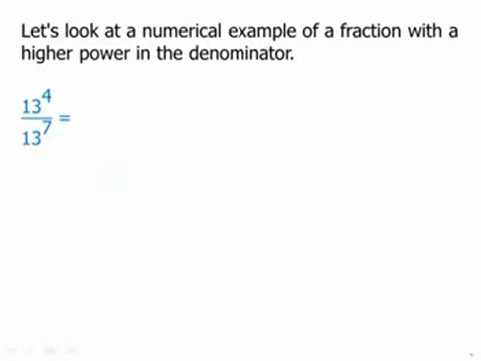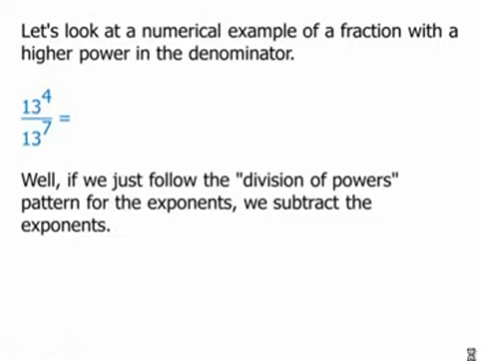So, for example, suppose we had 13 to the 4 divided by 13 to the 7. Well, the power in the denominator is clearly a larger power. If we just follow the division of the power pattern for exponents, of course that tells us to subtract the exponents, we'd get 13 to the 4 minus 7, or 13 to the negative 3.